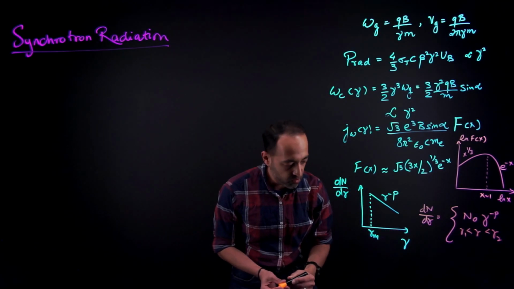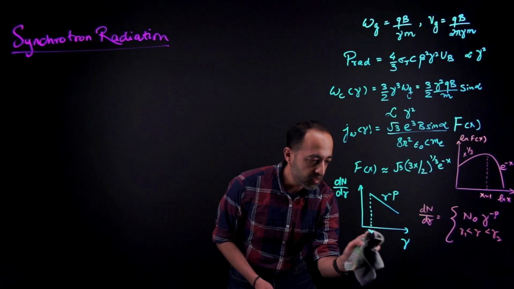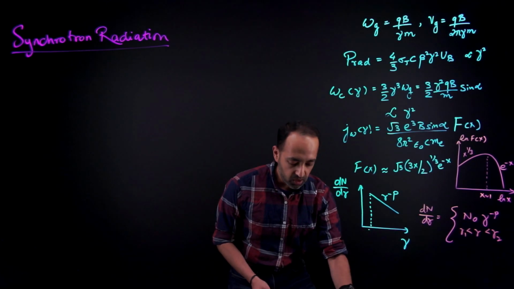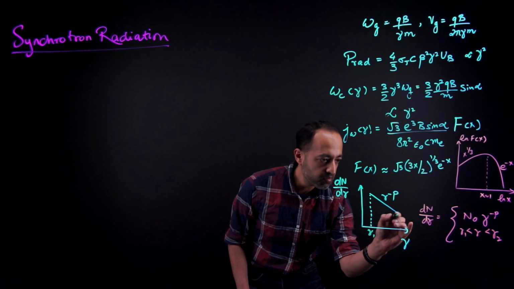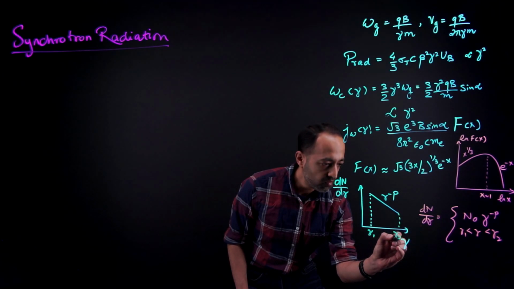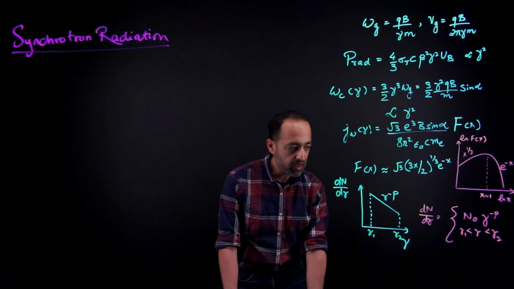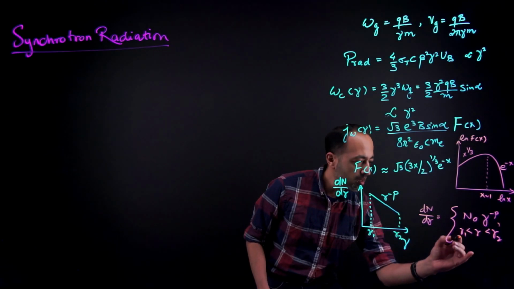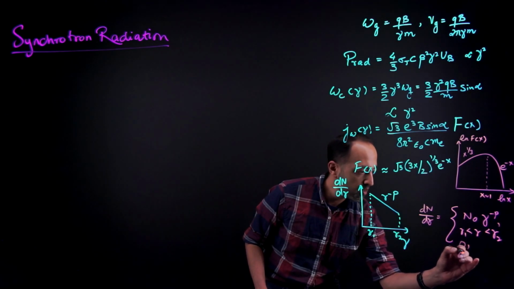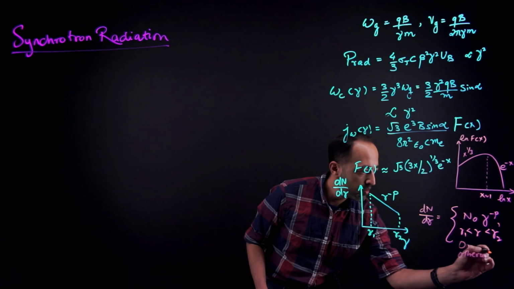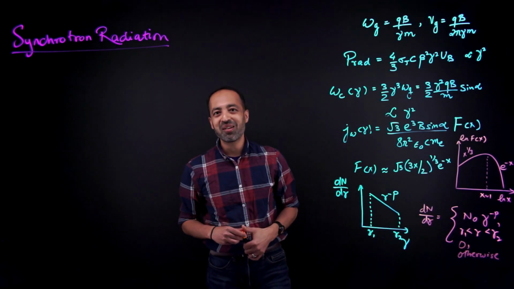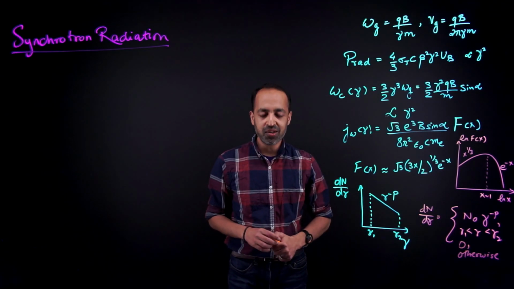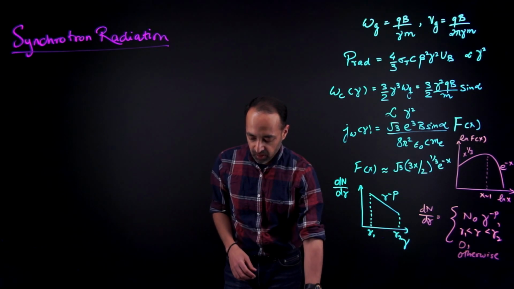So I'm going to relabel these Lorentz factors here, and I'm going to call this minimum gamma_1 and this maximum gamma_2. So there's a power law distribution, and it is 0 otherwise. So there are two regimes: in between here it's a power law, and everywhere else there are no electrons at any other Lorentz factor.